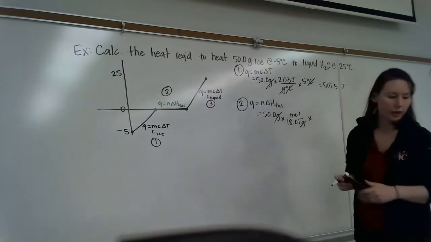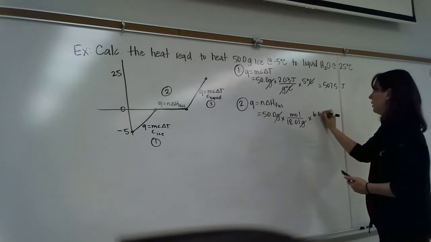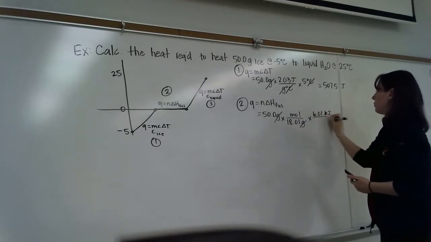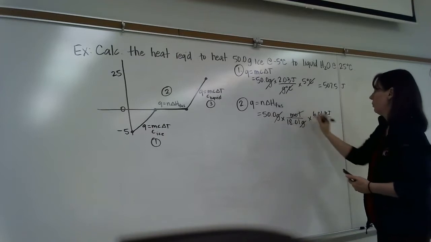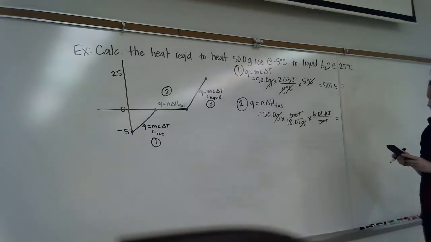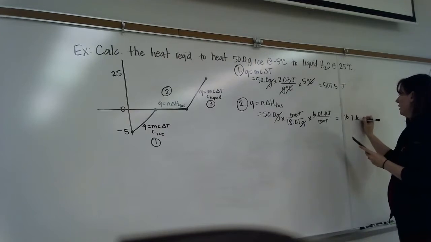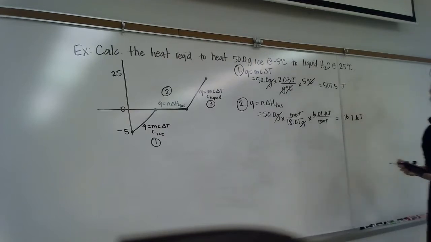The heat of fusion is, on my handout, 6.01 kilojoules per mole. Moles cancels, I'm left with kilojoules. So 50 times 6.01 divided by 18.01 gives me 16.7 kilojoules.